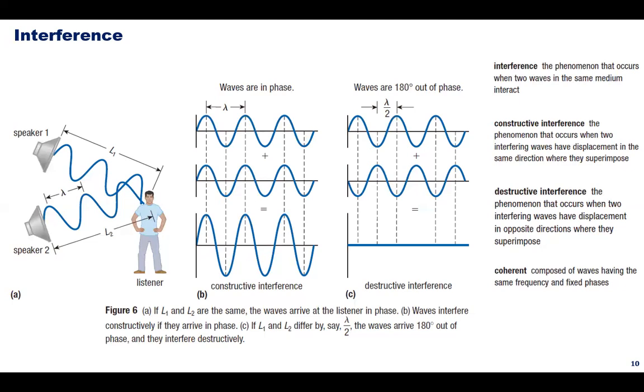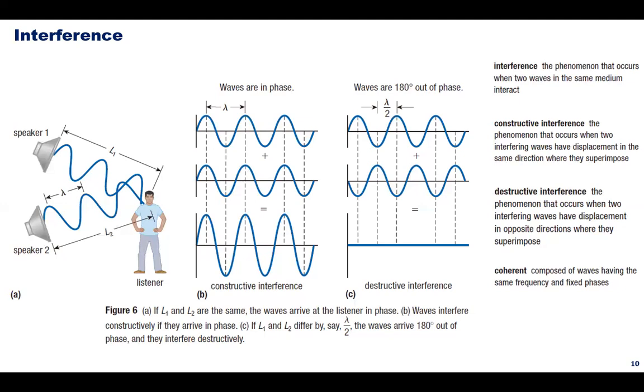Okay, so let's revisit some of these important concepts here. First, interference is the phenomenon that occurs when two waves in the same medium interact. Next, constructive interference means the phenomenon that occurs when two interfering waves have displacement in the same direction where they superimpose.